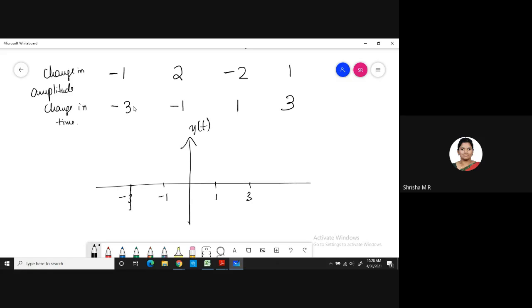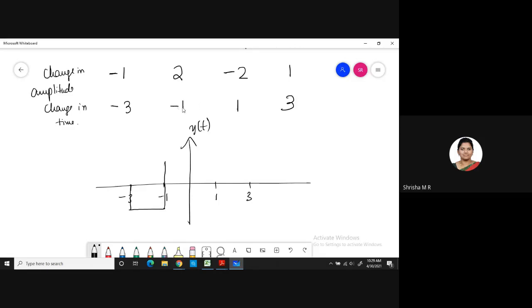It is changing again at t is equal to -1, where the amplitude changes to 2. So from -3 to -1, the amplitude is -1 only. At t is equal to -1, the amplitude is 2, so we add two to the existing amplitude, giving 1. Got it? Then again at t is equal to 1, it is -2.